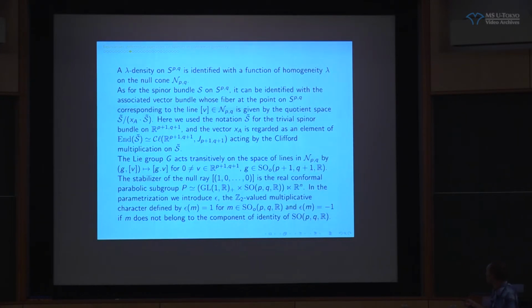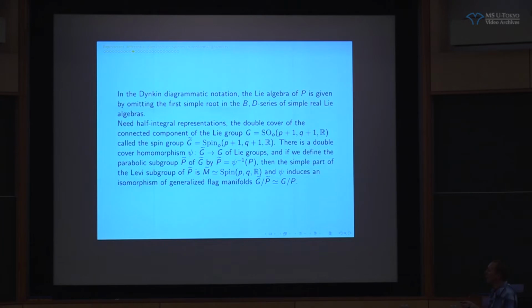The unipotent group of the positive nilradical in the parabolic decomposition of G. Okay, so in the Dynkin diagram notation, some people like to use a combinatorial prescription for describing the corresponding generalized flag manifold.